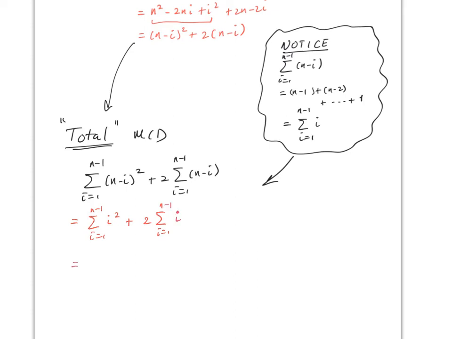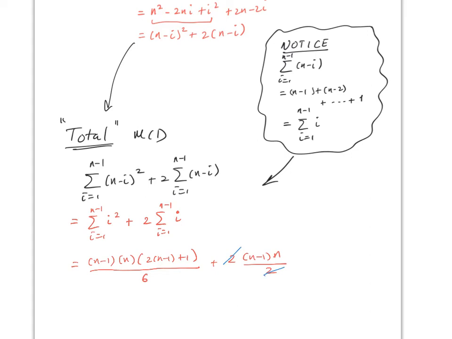And then if we use the formulas that we just discussed in the last page, this is equal to n minus 1 times n times 2n minus 1 plus 1 divided by 6, that was from the formula of i squared, plus 2 times n minus 1 times n divided by 2.